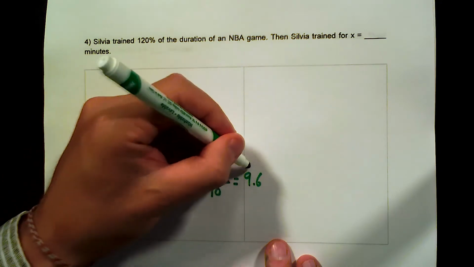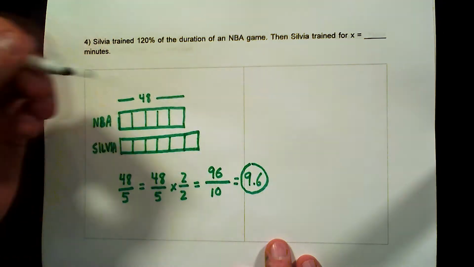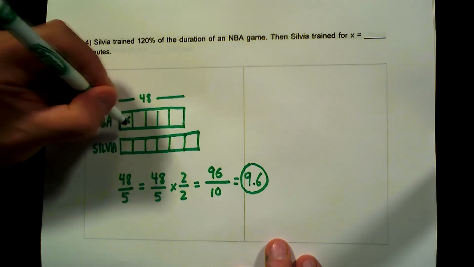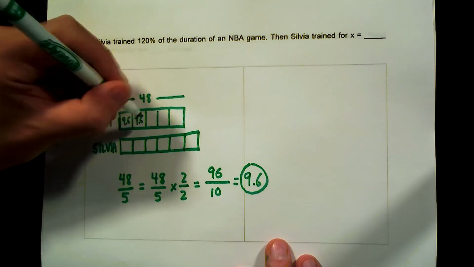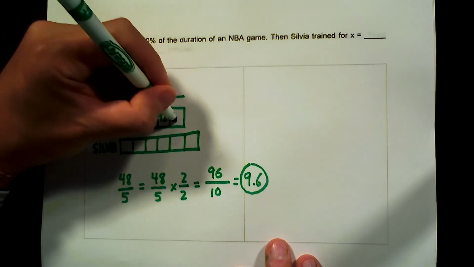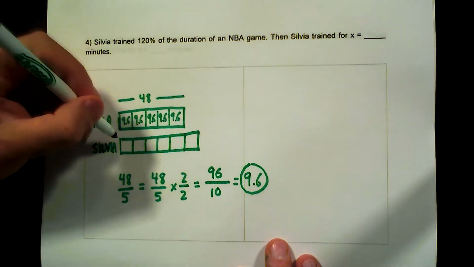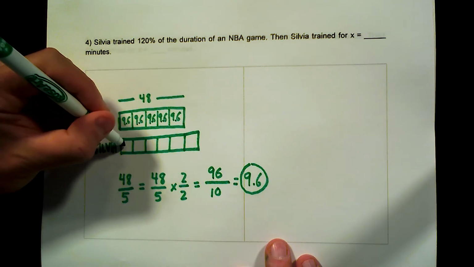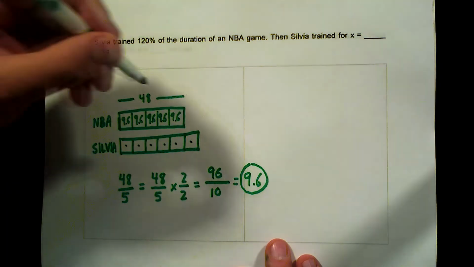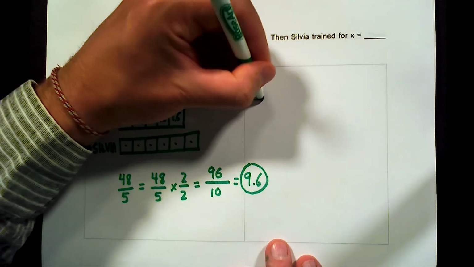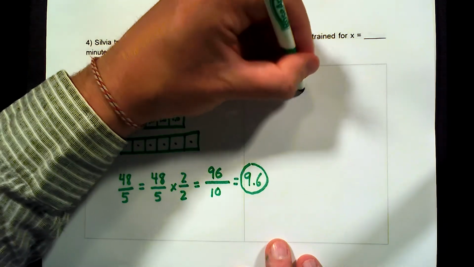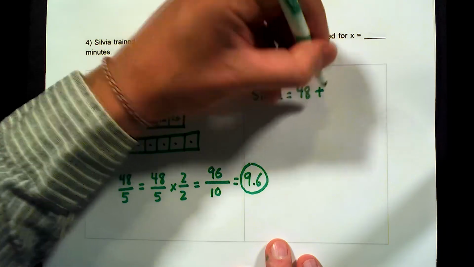And the meaning of this 9.6, it's not the final answer yet, of course, but it's how big is each of these parts. So we're going to put 9.6 here, pretty much everywhere. And that gets us 48. And these are the same. So what we want to say is that what Sylvia trained is 48 plus 9.6.